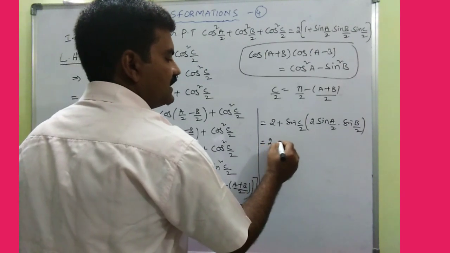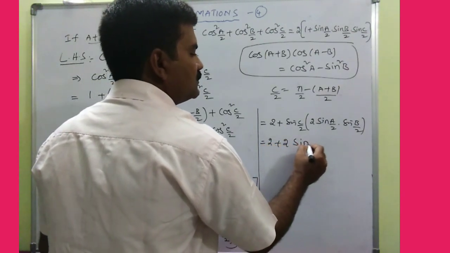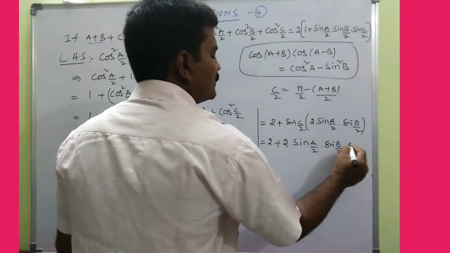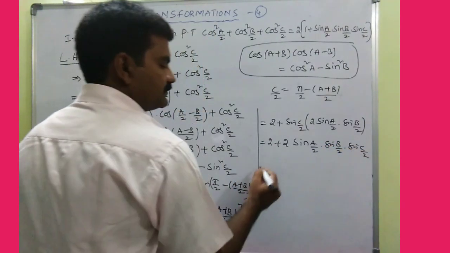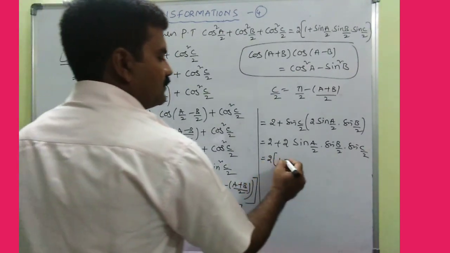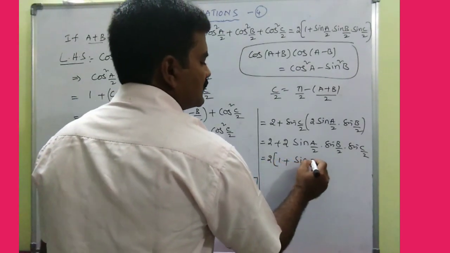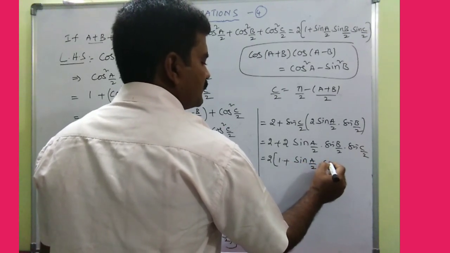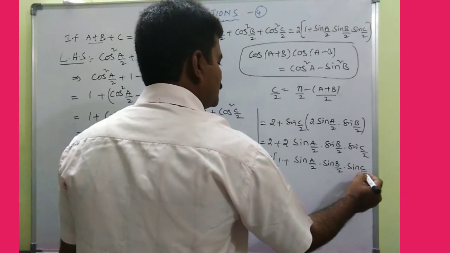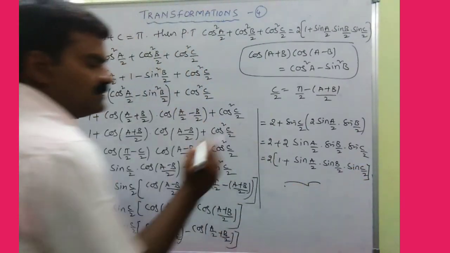So now 2 plus 2 into sin A by 2 into sin B by 2 into sin C by 2. After taking 2 common, 1 plus sin A by 2 into sin B by 2 into sin C by 2.